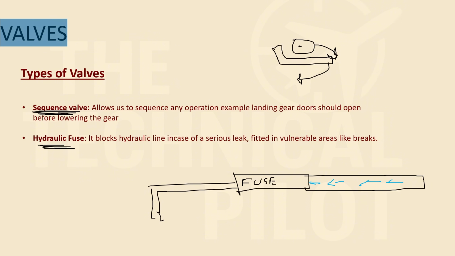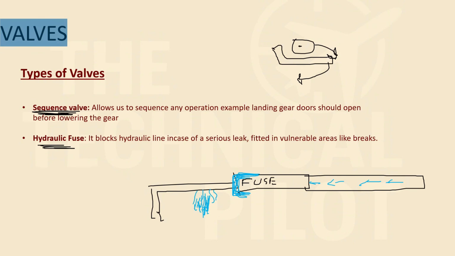For example, the fluid starts to leak from here, right? If the fluid is leaking too much, what the fuse will do is it will just cease the operation. It will cease it from here. It will stop the flow. It won't let fluid flow further.